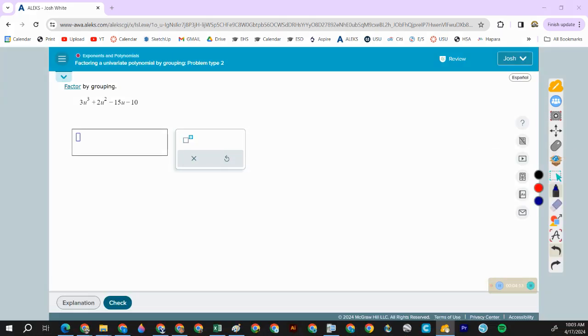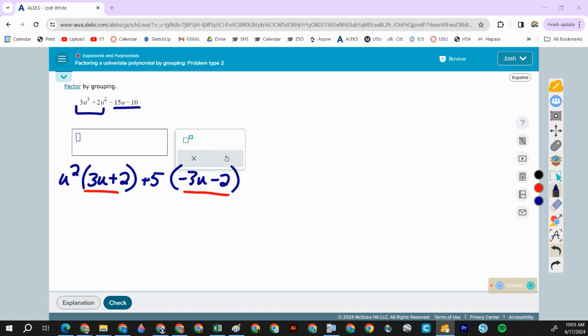All right. This one's a little bit tricky, so pay close attention. Pull out a u squared, and we get 3u plus 2. And then I'm going to pull out a 5. And I'm left with negative 3u minus 2. Do those match? Almost. So I want this to match that, and they almost do.